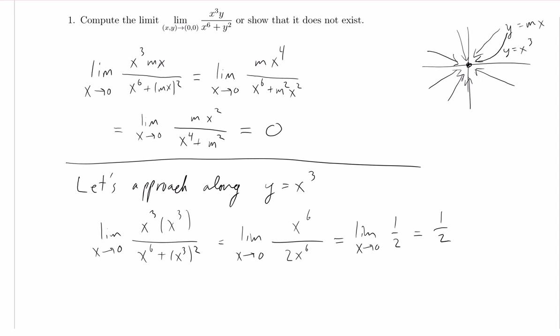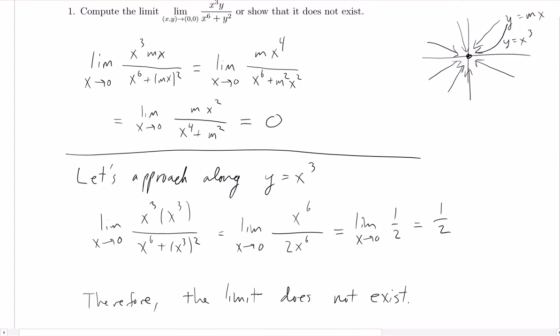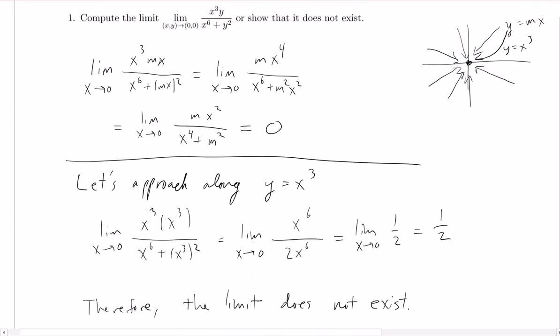And so now we can finally answer the question. Therefore, the limit does not exist. Because we have found two different paths which give two different limits.